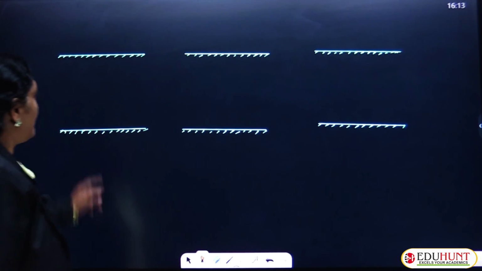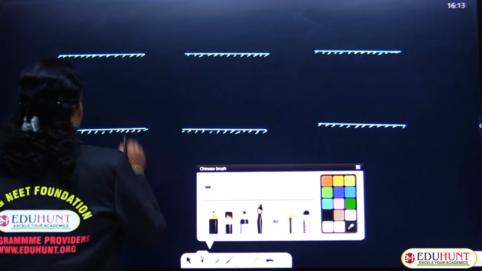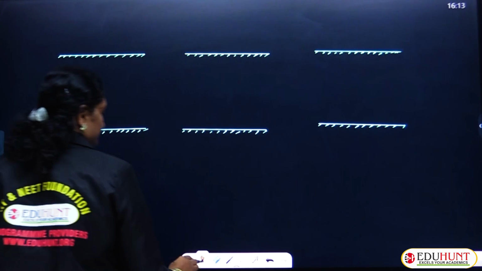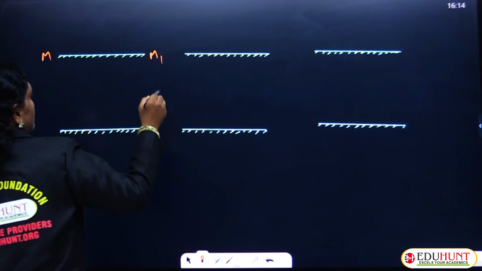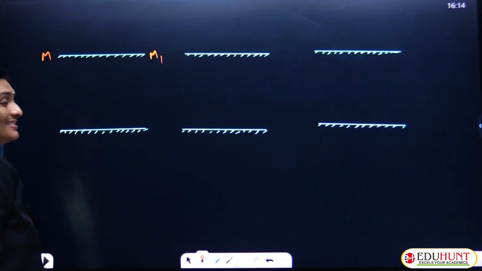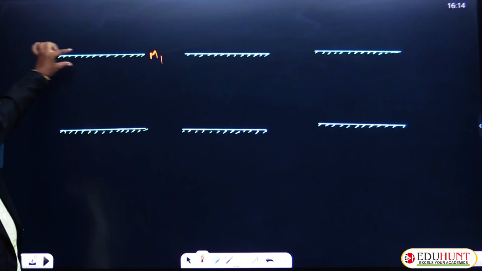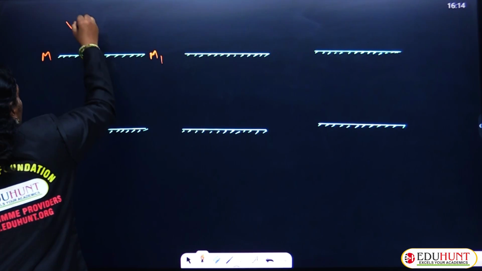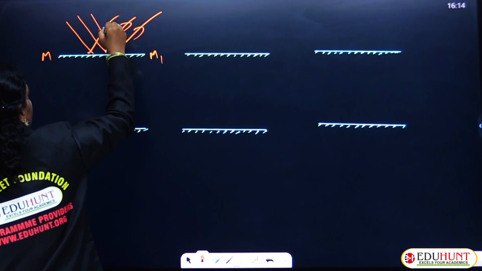Let us come back to the first one. What is this, children? Let me name this M1. This itself is a surface. Let us consider M1 as a smooth, plain surface, that is a plane mirror. Whenever light falls on this smooth surface, it is reflected back.